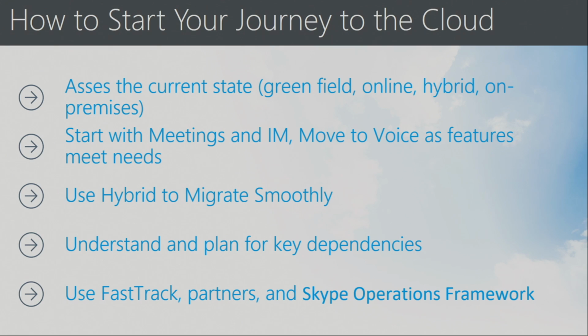They tackle getting online conferencing, instant messaging, presence, and those pieces, and then they light up voice as necessary. And that voice light up could be using our PSTN calling service that we have online if you're in the right geography. It could be using your existing on-premises environment. But we basically look at this in a staged type approach. Hybrid is there to allow us to have cloud on our terms.